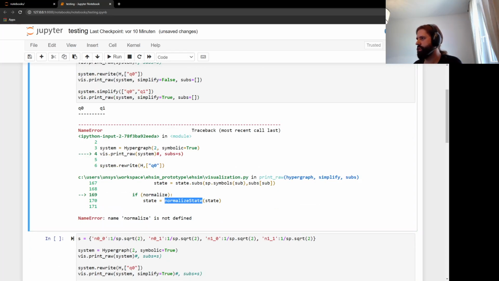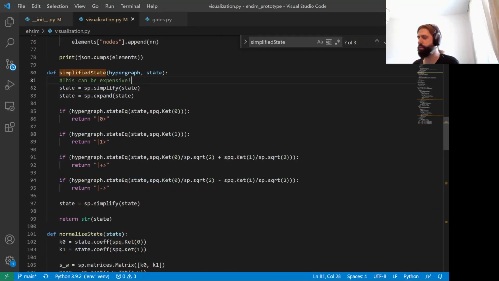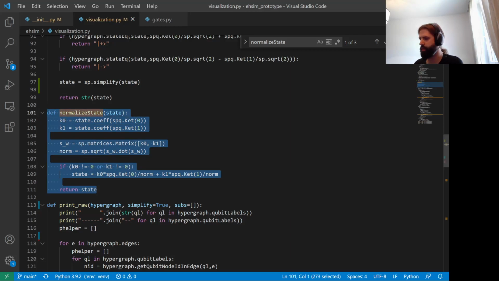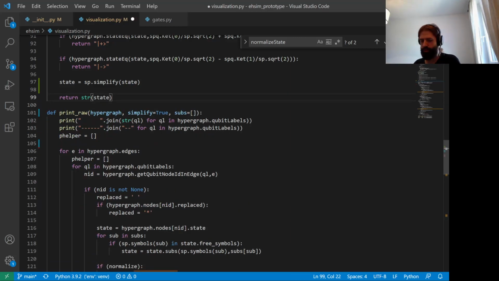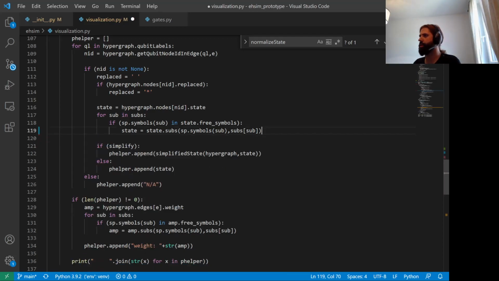So did I forget? I didn't. What's wrong with this? Normalize state. I don't want to normalize state. Oh, it's in here. I have forgotten this one.